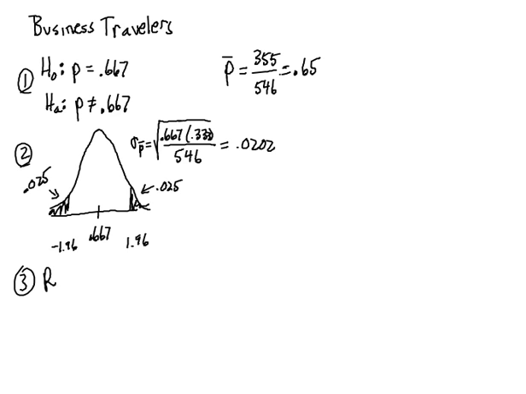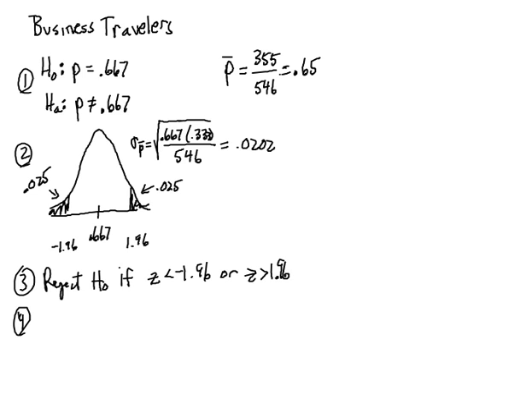Step 3. Write a rejection rule. Reject H sub 0 if our z-value is less than negative 1.96 or our z-value is greater than 1.96.